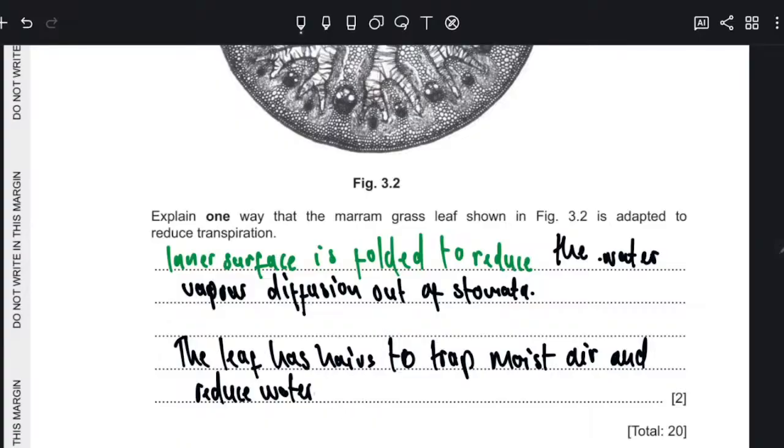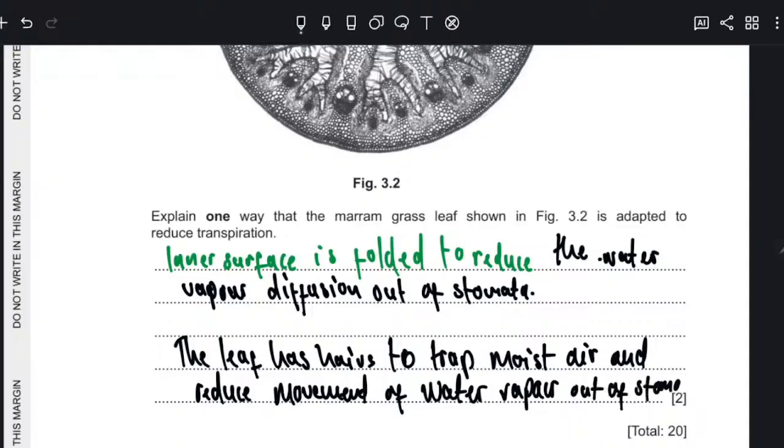Or to reduce the movement of water vapor out of the stomata, obviously. So it is to trap moist air and reduce movement of water vapor out of stomata. Thank you so much.